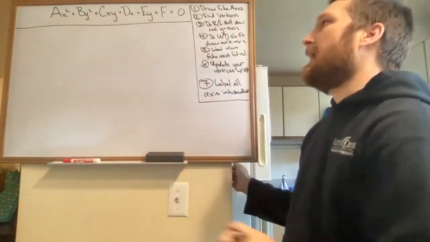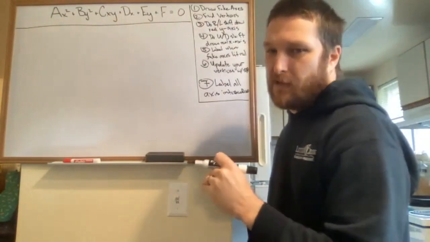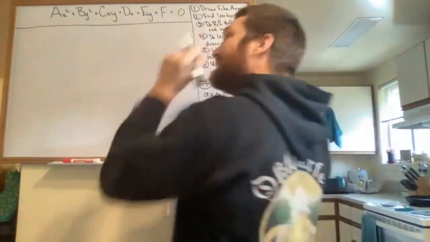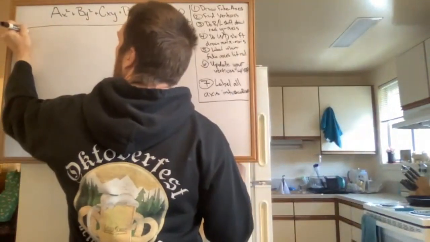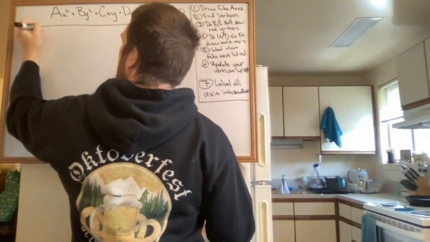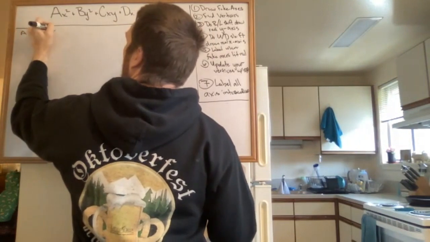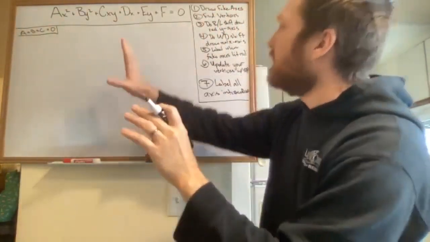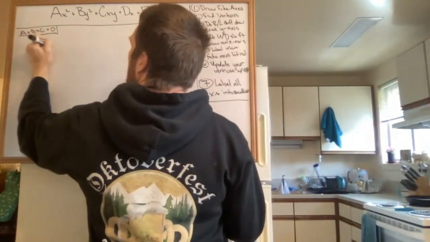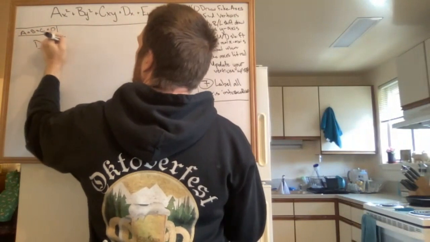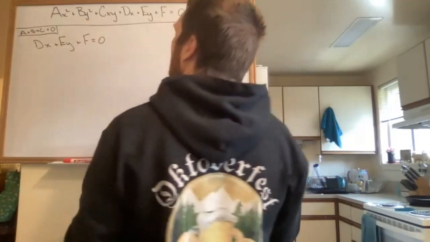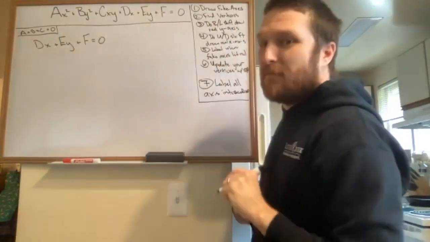The first case, the one you've been learning about since Algebra 1, is the case where A is equal to B is equal to C, and they're all equal to 0. In other words, the case where you have an equation of this form, dx plus ey plus f is equal to 0.